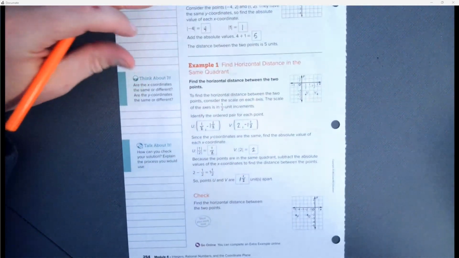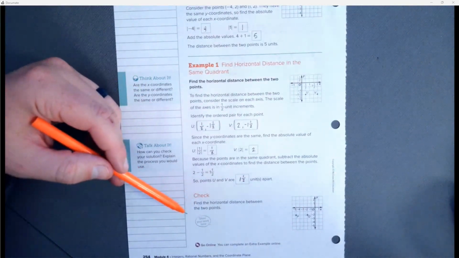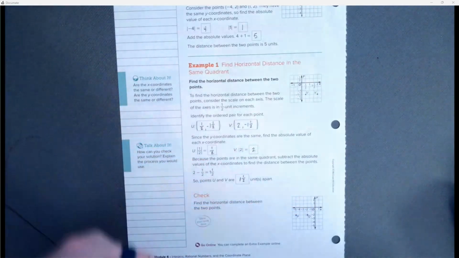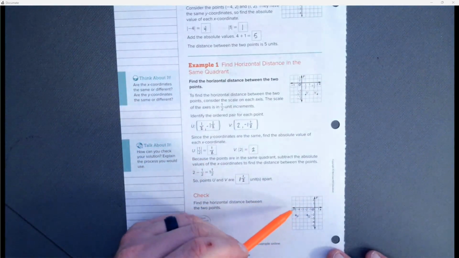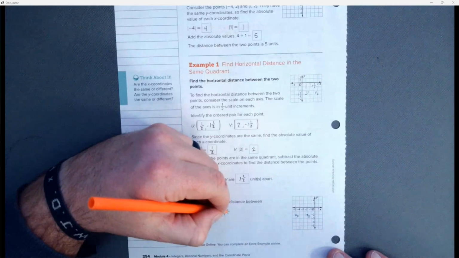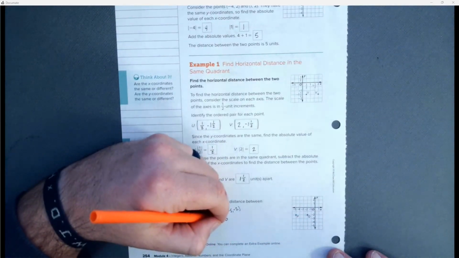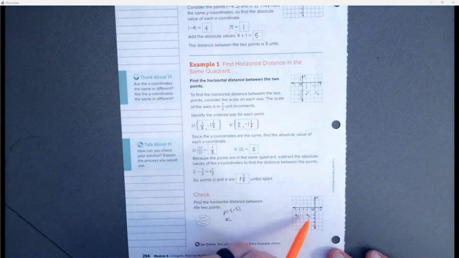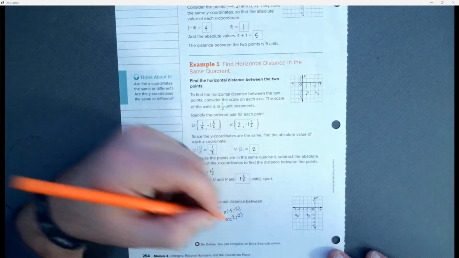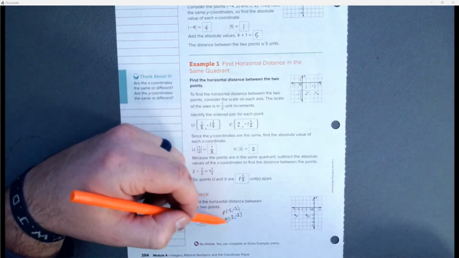Now let's look at our check problem at the bottom of the page. Find the horizontal distance between the 2 points. So we have P and Q. Well, P is located at -5, -2. And Q is located at -2, -2. Since they have the same y, we will compare the x's.